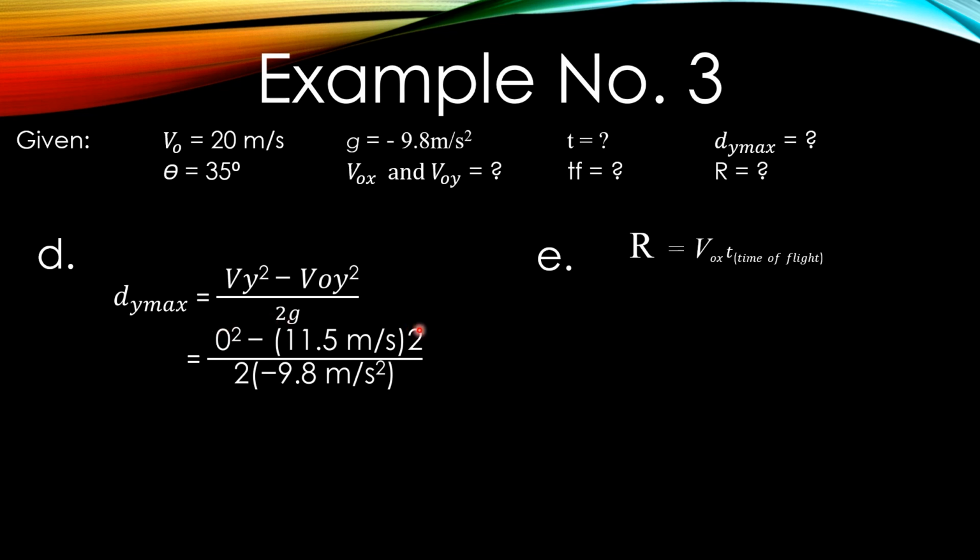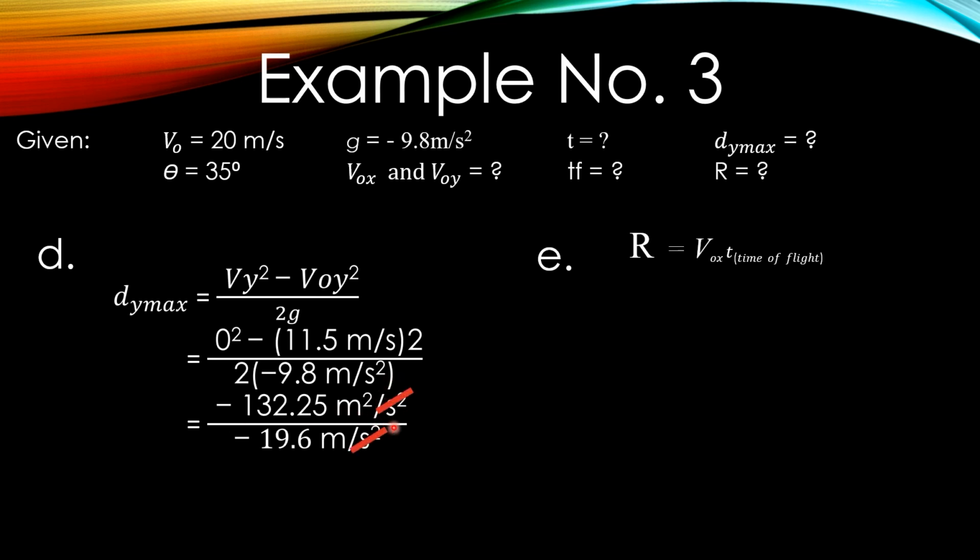The first thing that we need to do is deal with the exponent. Distribute the exponent to 11.5 and to the units meter and second. Now we have negative 132.25 meters squared per second squared. The sign will be negative since the negative sign is located outside the parentheses. Now, let's cancel out the units.